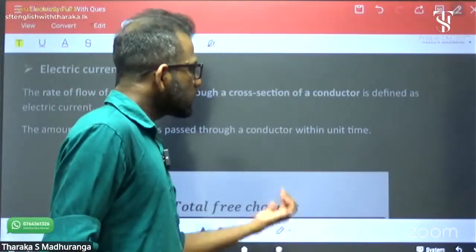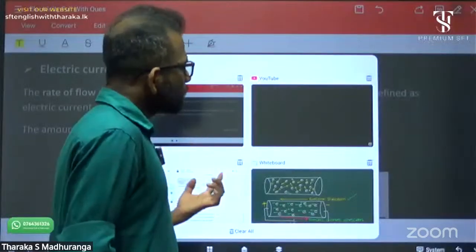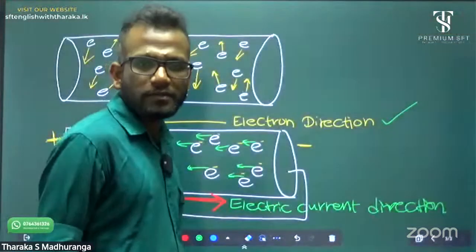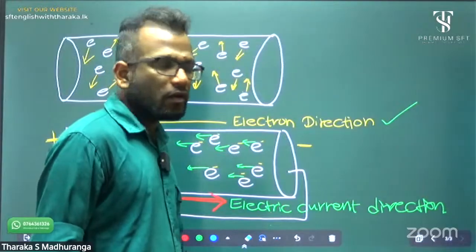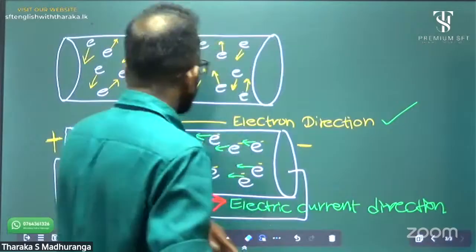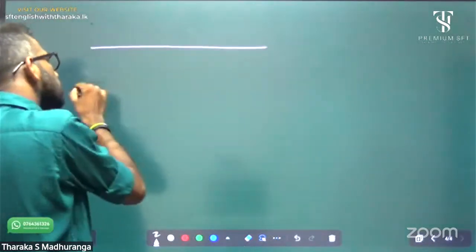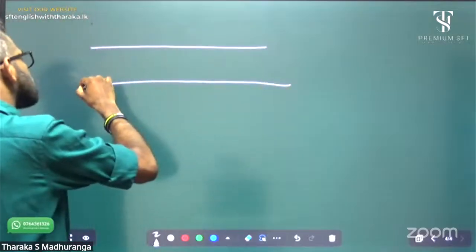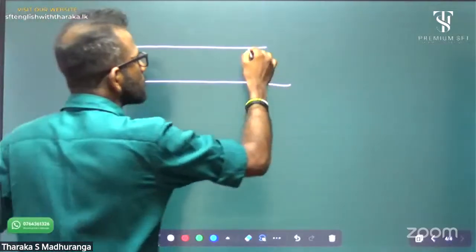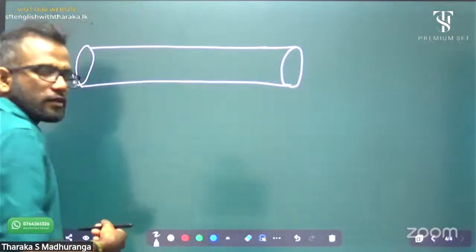As we discussed in the previous video, what is the definition of electric current? It is very simple. Think of a conductor wire.